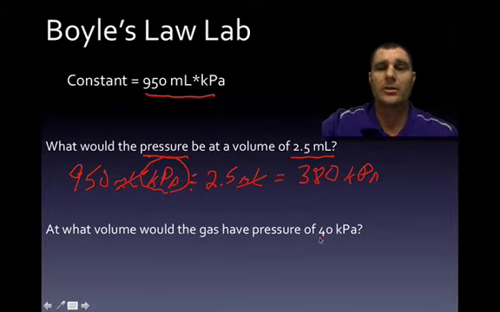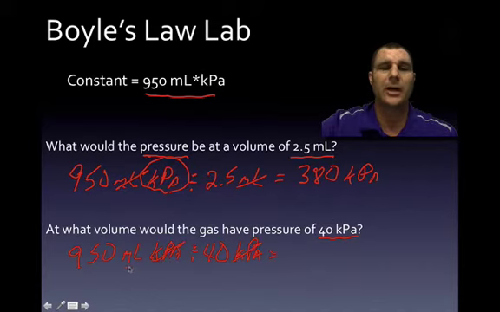It'll work the other way as well. What if I wanted to see what volume I would have to be at to get 40 kilopascals? I didn't test there. I would start the same way, with my 950 milliliter kilopascal constant, but this time I would divide by my 40 kilopascals.